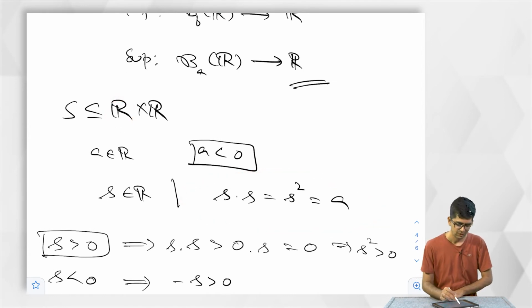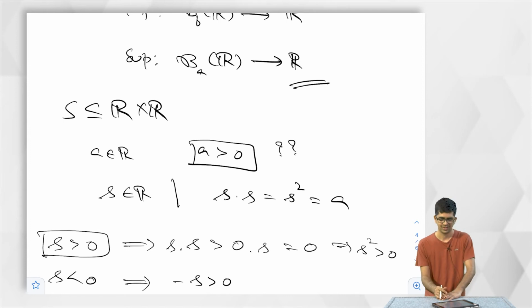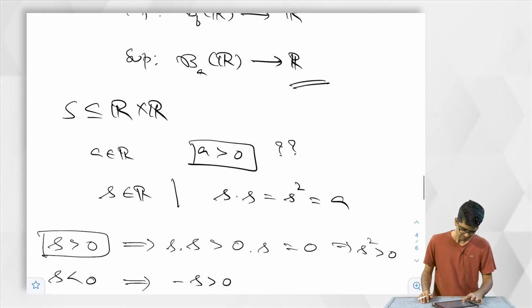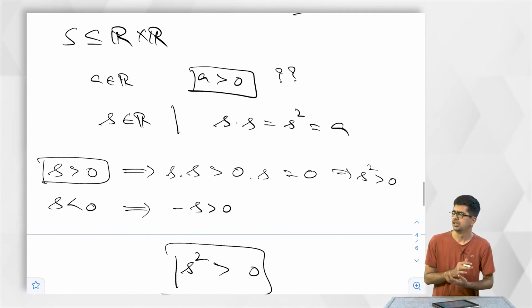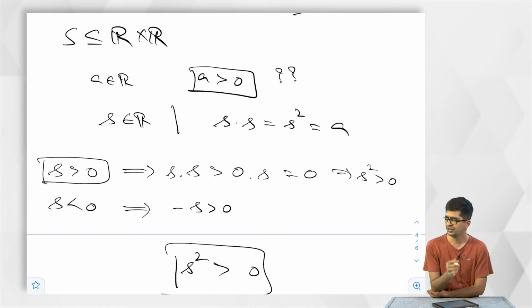Now one can ask, okay, what about A positive? Right, for A negative, yes, this is not there. For A positive, do we have anything like that? That we will see soon, maybe in a couple of minutes. Now, again we will come back to the following question.